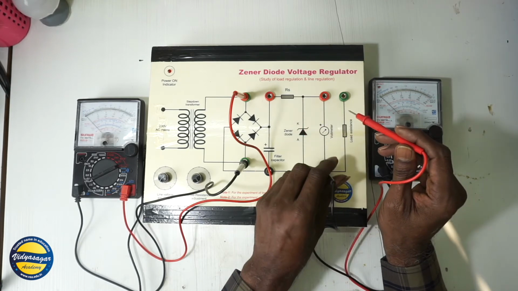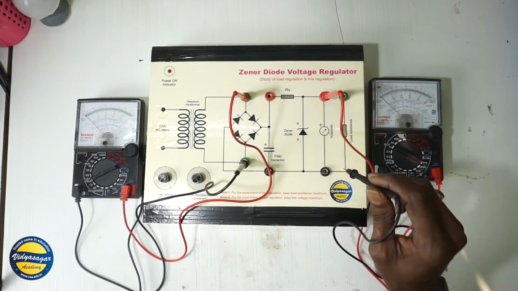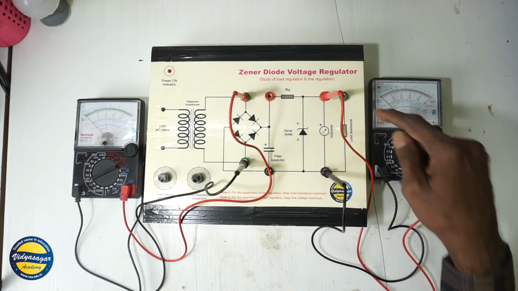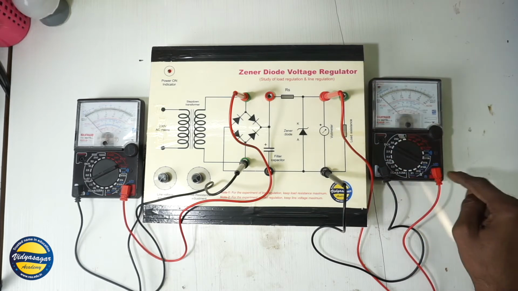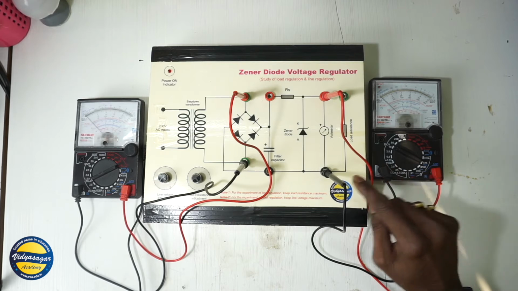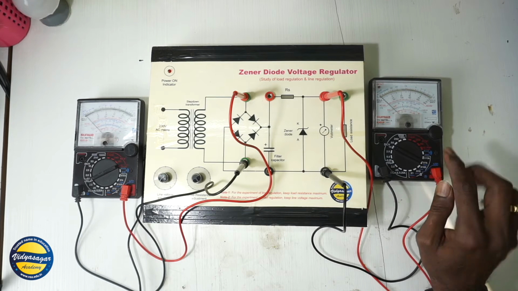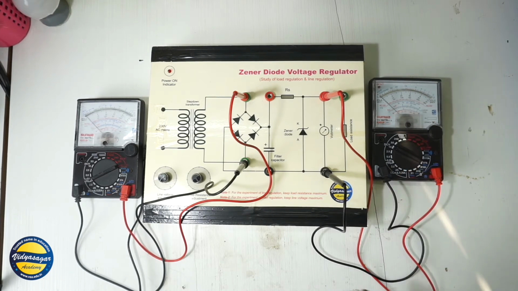You should be very careful while connecting it. Red to red probe and black to black probe, so that the positive terminal is connected to the red probe and the negative terminal to the black probe of this DC voltmeter. Now I shall switch on this experiment.